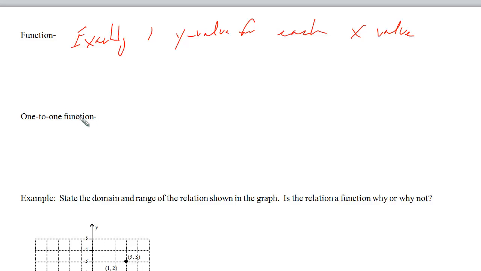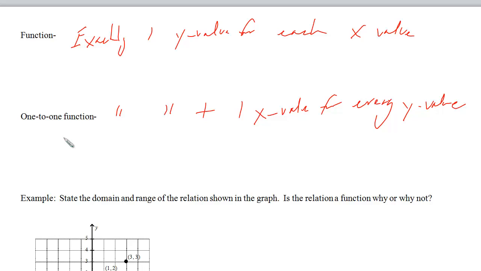And then we have a one-to-one function, which really just takes it one step further, which means that it is a function, so there's one y value for every x, and then also, plus, there is one x value for every y value.